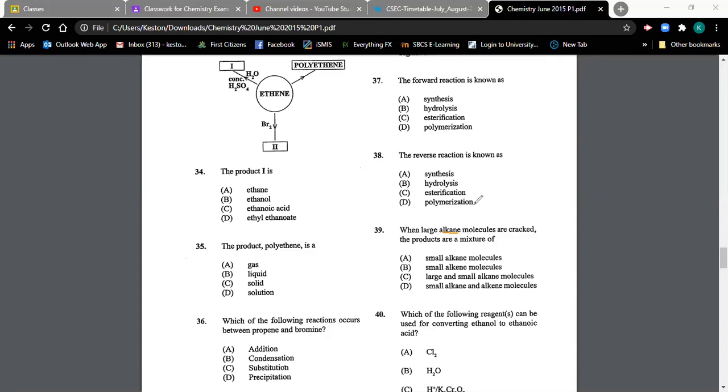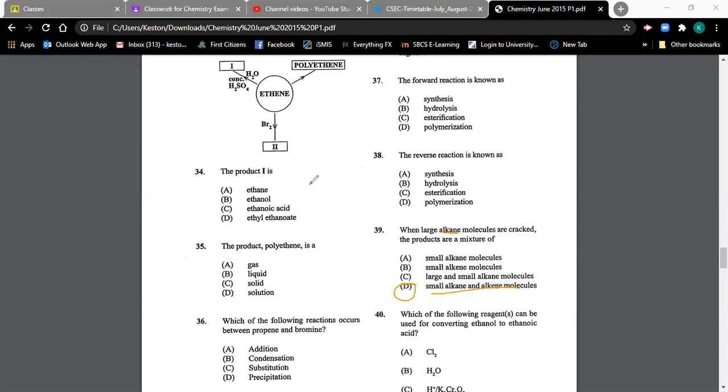Everybody agree with that? Not too sure about that one? Why not? The correct one: you get both alkanes and alkenes when they're cracked.